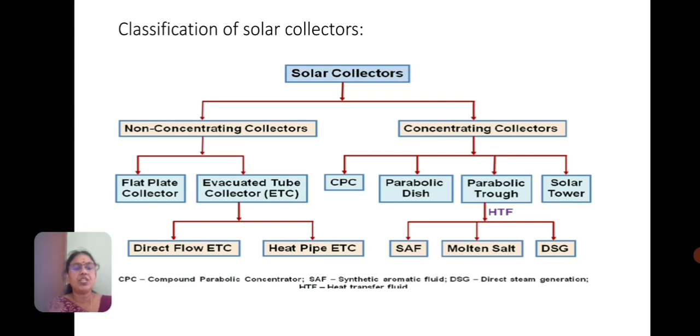HTF means heat transfer fluid. The heat transfer fluid types are SAF, molten state, and DSG. SAF means synthetic aromatic fluid, and DSG means direct steam generation. So this is how the solar collector is classified.